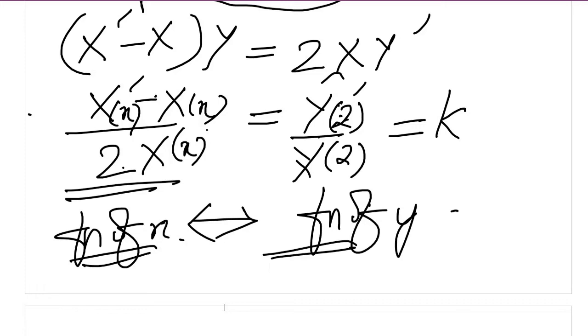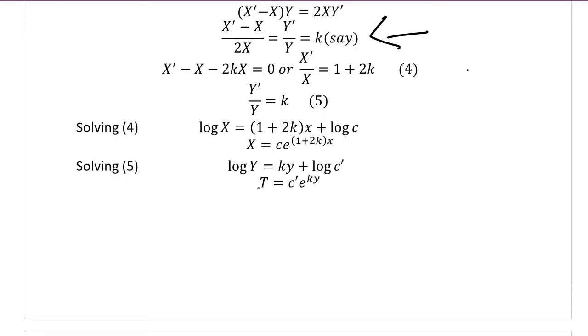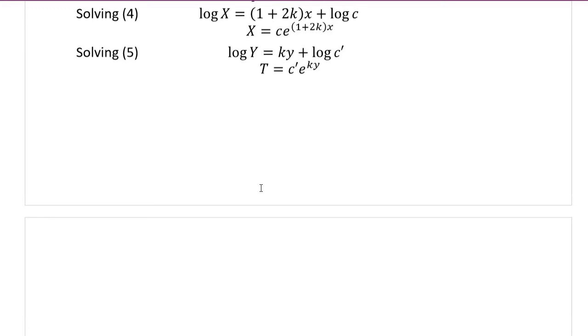What we have is (X' − X)/2X = k. That is the first part I'm taking. I'm only taking this first part here, that is (X' − X)/2X = k.